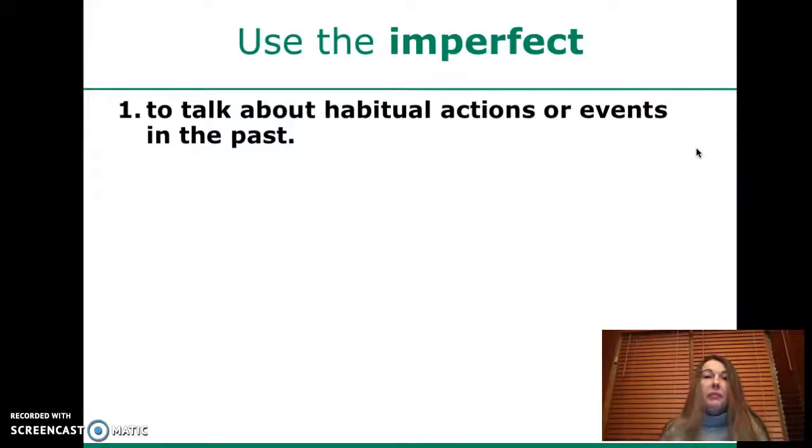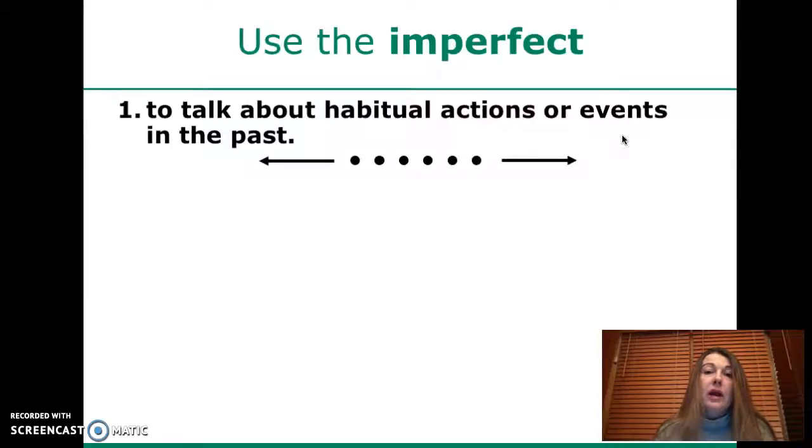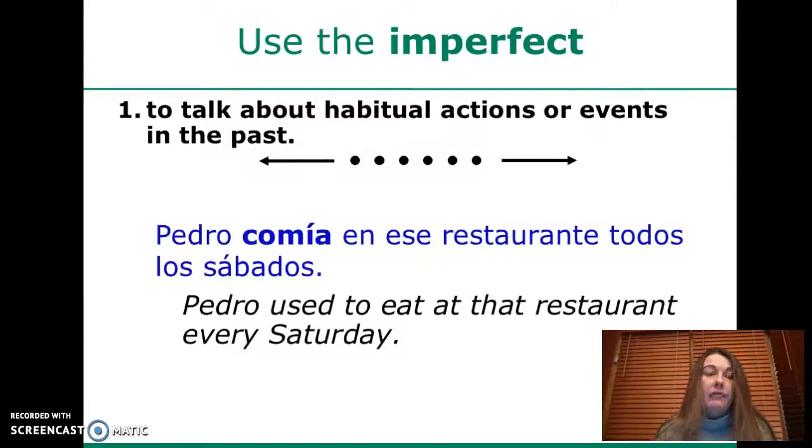So let's talk about the imperfect. When we talk about actions in the past using the imperfect, we're talking about habitual actions, things that occurred quite a bit, okay? And you'll notice they've illustrated this with sort of a dot, dot, dot, okay? Pedro comía en ese restaurante todos los sábados, right? He used to eat at that restaurant every day.